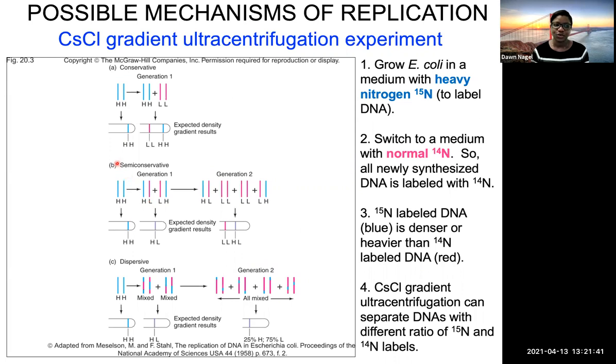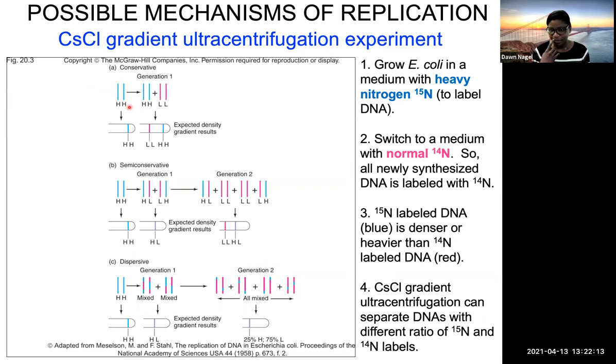So the idea behind this experiment is that you label the initial DNA with a nucleotide isotope. Nitrogen 15 is a little more stable, so they used nitrogen 15. It's also heavier. So they added this isotope to the DNA as it's replicating, and this is the original DNA in blue.